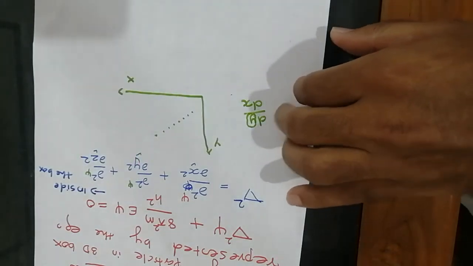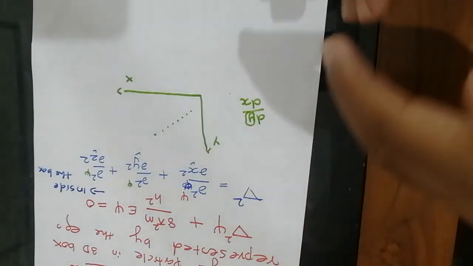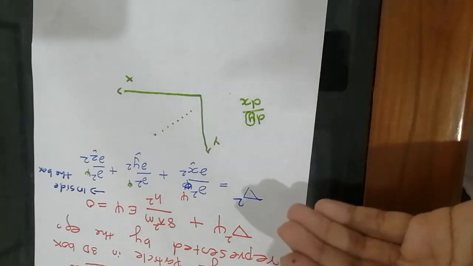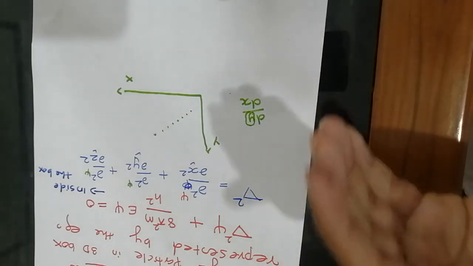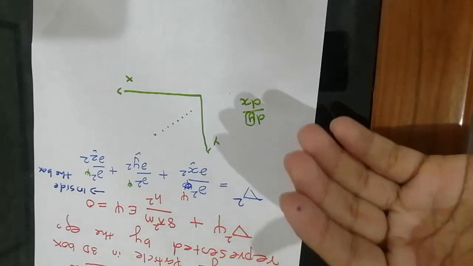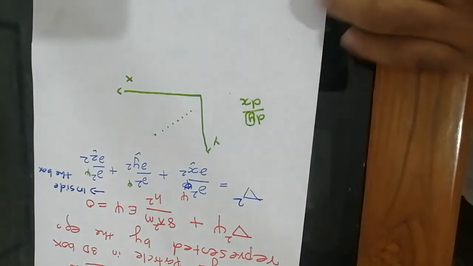Therefore, we have to separate the variables into single variables. That is called separation of variable.